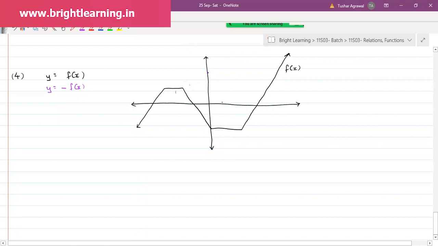For x equal to 1, if the image is -2, for the purple point, the image will be +2. For x equal to, let's say, 3, if the image is -2, now the image will be +2. If this point is 4, the image is 0. Then for the purple point, again the image will be 0.